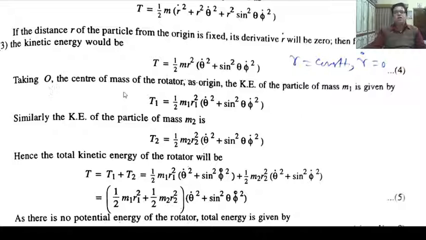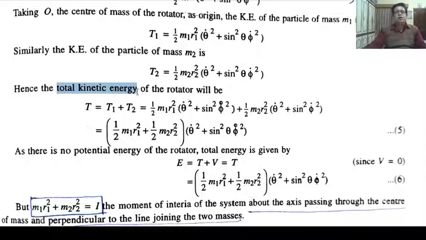Taking the center of mass of the rotator as origin, the kinetic energy of the particle of mass m1 is given by T1 equal to 1 upon 2 m1 r1 square (theta dot square plus sin square theta phi dot square). Similarly, the kinetic energy of mass m2 is T2 equal to 1 upon 2 m2 r2 square (theta dot square plus sin square theta phi dot square).